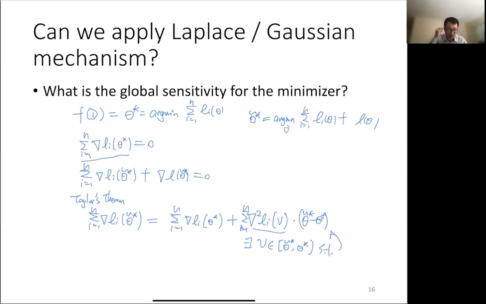Okay, with that, what can we see here? This is a matrix, and this is a vector, and on the left hand side we have a gradient vector, right? So this is R to the d, this is R to the d by d, and this is R to the d.